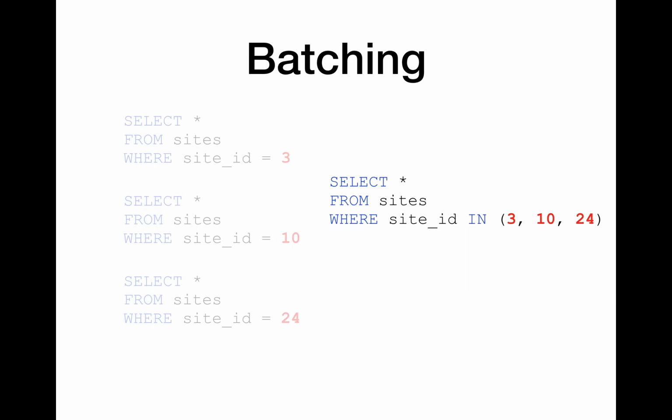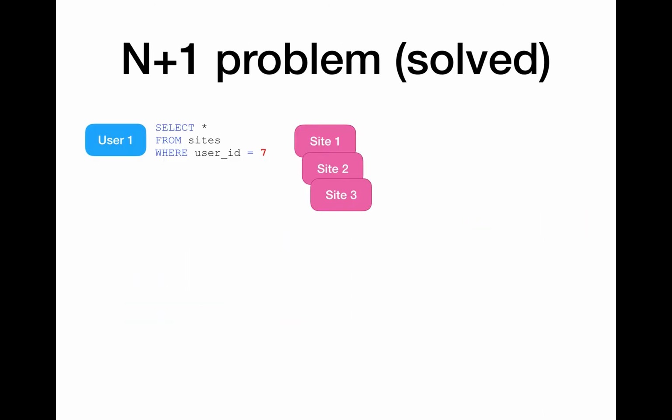So now, if we look at the N+1 problem, it's solved because we get the sites from the user with one request, just like before. But now we know all the IDs of those sites, and so we can go to the database only once to get all the projects we need with all the IDs of the sites. And of course, we have to do this in a smart way, so that out of that big list of projects, we know which ones belong to site 1, which ones belong to site 2, and so forth.